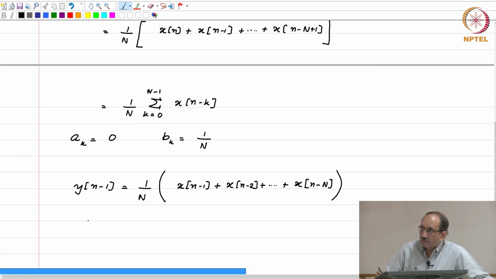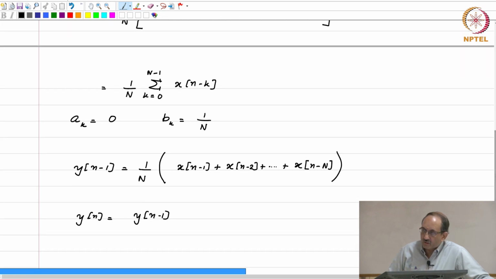Now, let us express y of n in a slightly different manner. So, y of n can also be written as y of n minus 1. But if you look at the expression of y of n minus 1, you have this term 1 over N times x of n minus capital N. The last term that is there is not present in y of n.